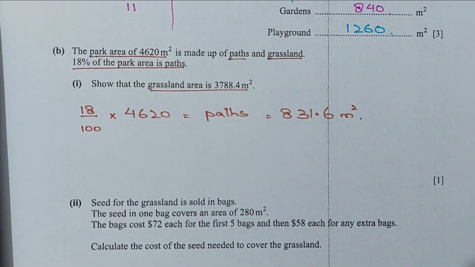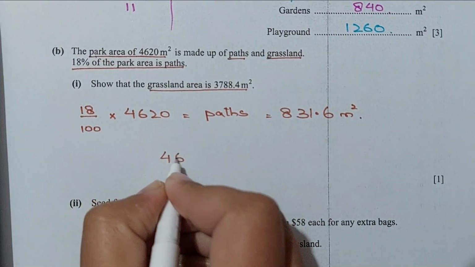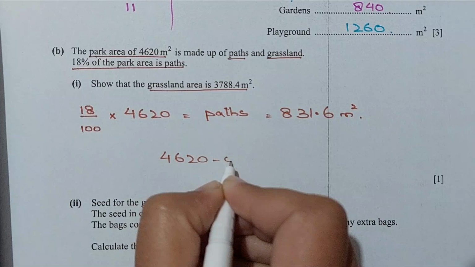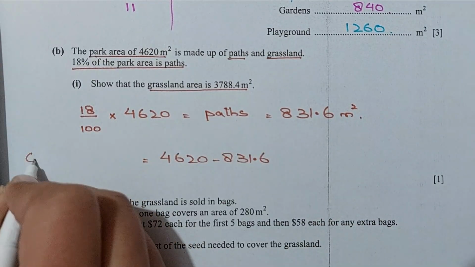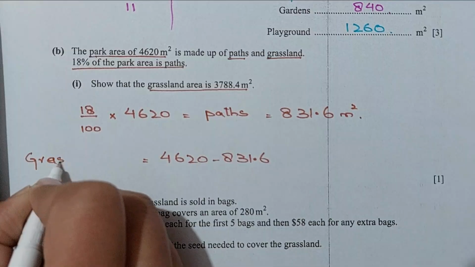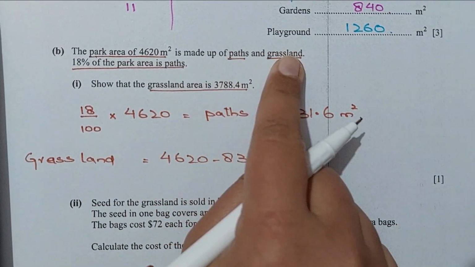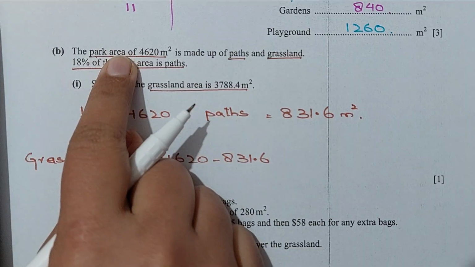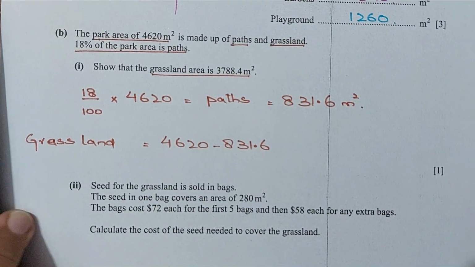Parts, right? All right, so we can say 4620 minus 831.6 would be for the grassland, because the park area is made up of paths and the grassland. So from the park area subtract the path, we will get the grasslands.